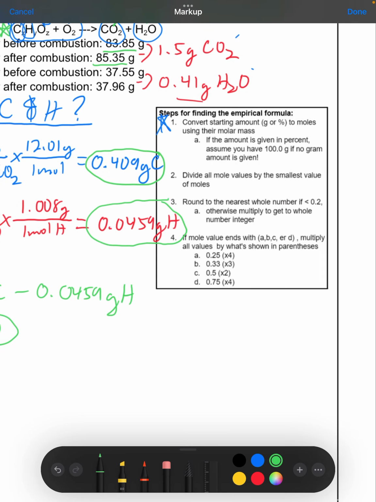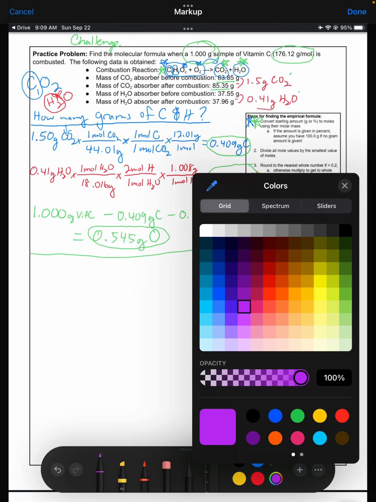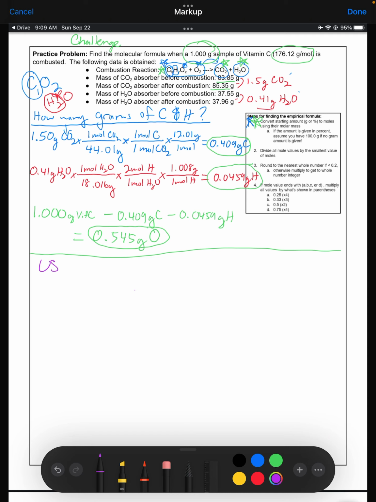Okay, now that I've done all of that work, I'm finally able to do step 1 of my empirical formula. I know it seems like a lot, because it is. Now we use our empirical formula steps. Step 1 states that I need to convert my starting amount, in this case grams, to moles.